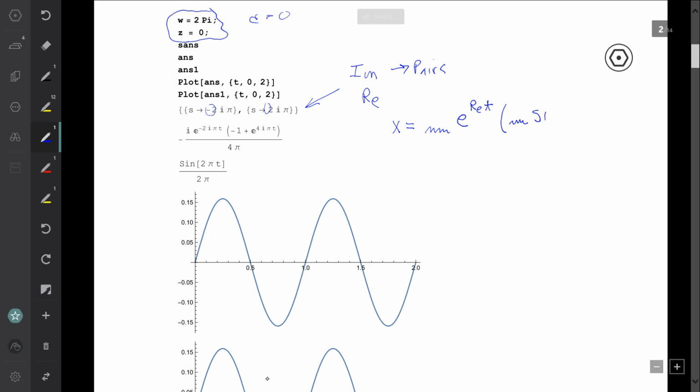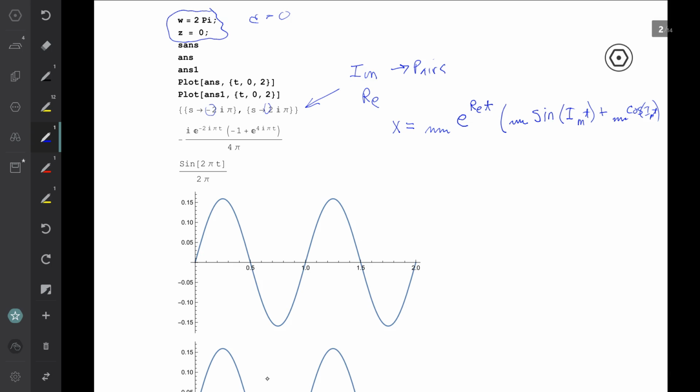There will be a sine of the imaginary part times time, plus or minus, and then maybe some more numbers because of initial conditions, and then there will be a cosine of the imaginary part times time. So that's generally what this S term means.